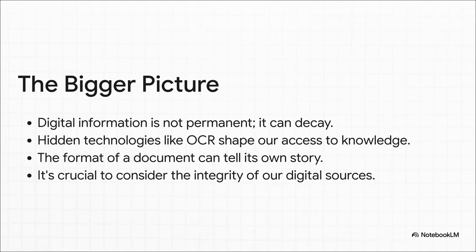So what's the real takeaway here? Well, for one, it shows that digital information isn't permanent. It can rot, it can decay, just like a physical object. It also shows how these hidden technologies, like OCR, act as gatekeepers to our knowledge, and sometimes they're not very good at their job. Really, even a broken file can tell a story, and it's a powerful reminder to always think about where our digital information comes from and whether we can actually trust it.